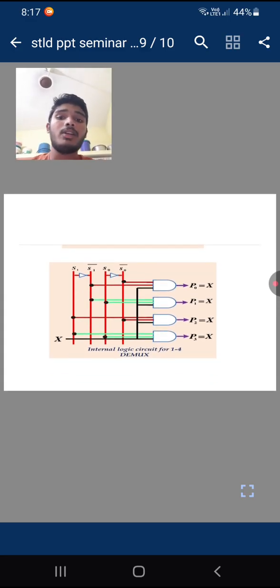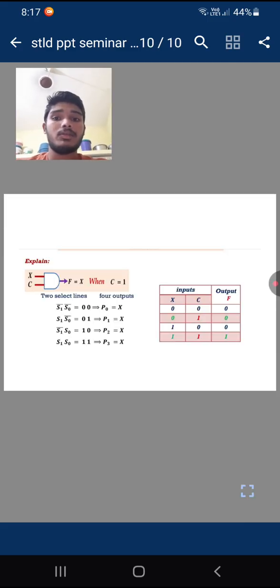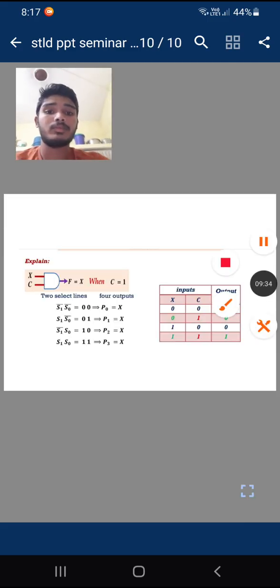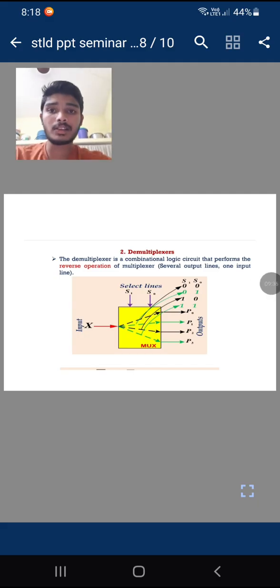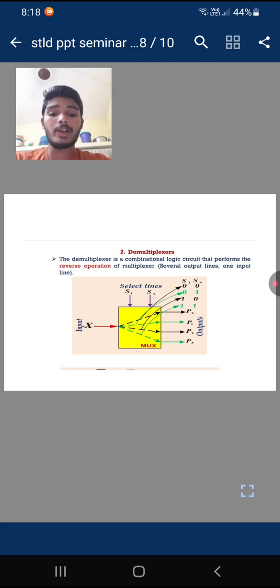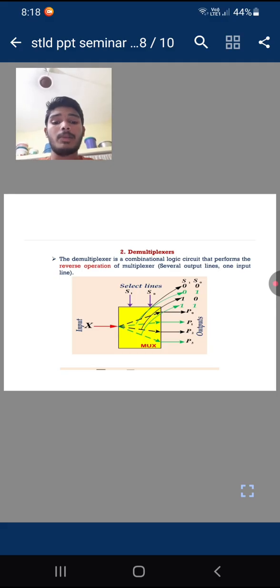Here, in the above situation, we discussed the 4 by 1 multiplexer. This is the 1 by 4 demultiplexer logic diagram. In the demultiplexer, we can implement the 1 by 4 demux using two 1 by 2 demultiplexers, by connecting the selection inputs of the two demultiplexers.